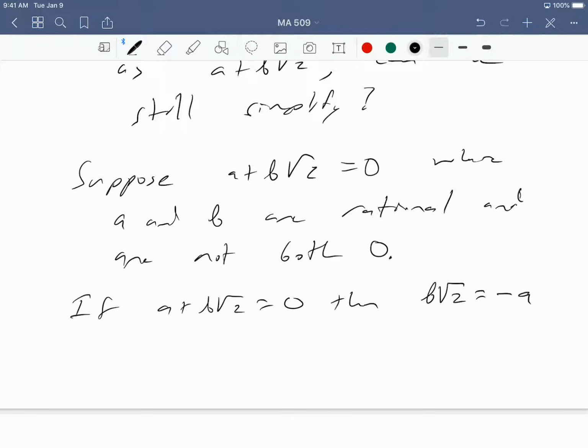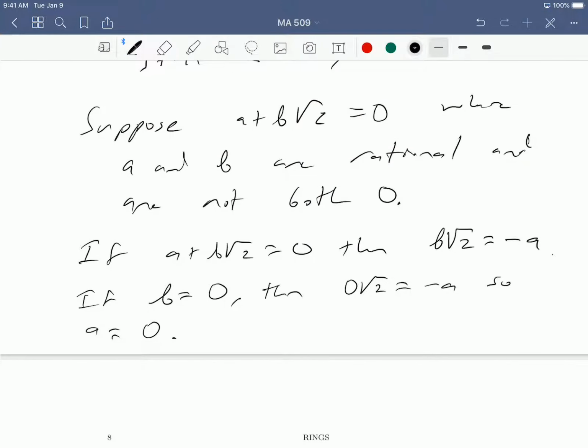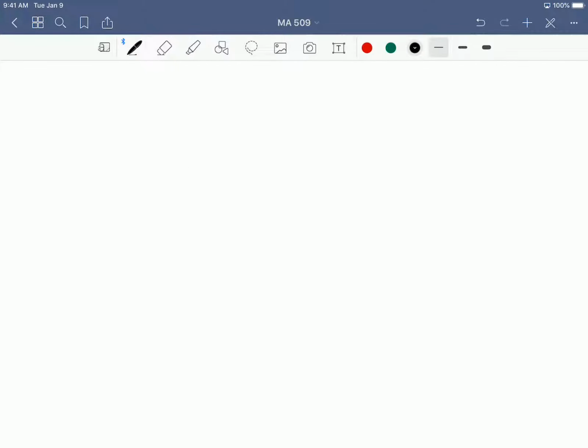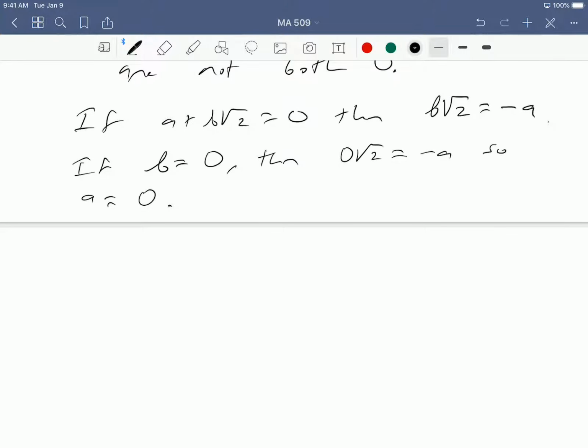And then if b is 0, then 0 root 2 equals minus a, so a is also 0. Okay, need a new page. So we knew that b root 2 is minus a, and if b is 0, then a is also 0.